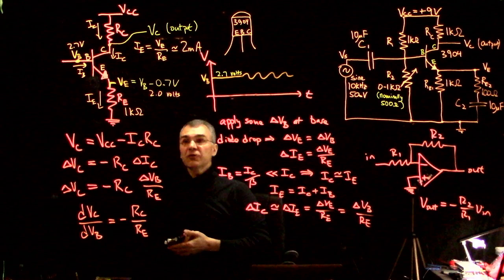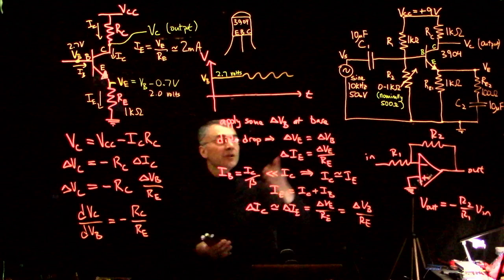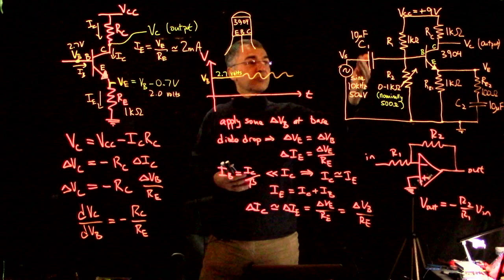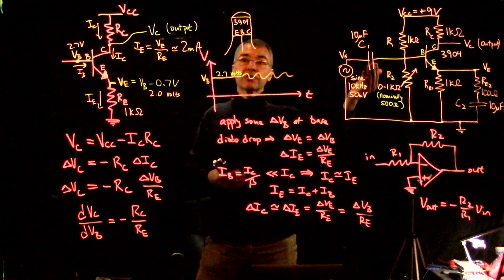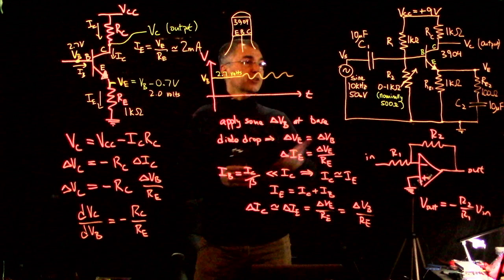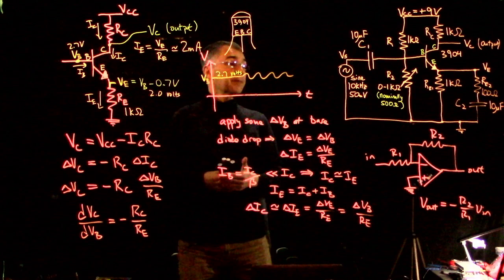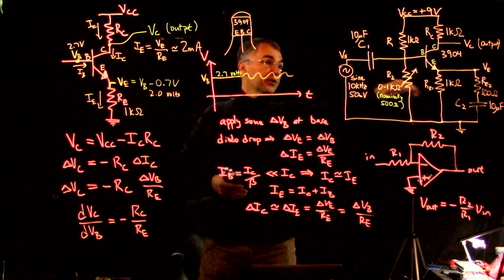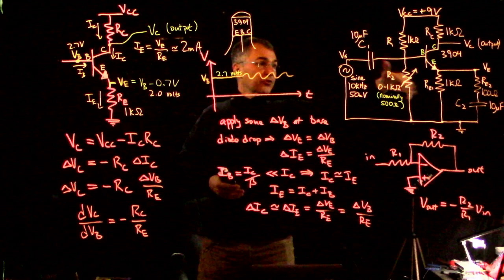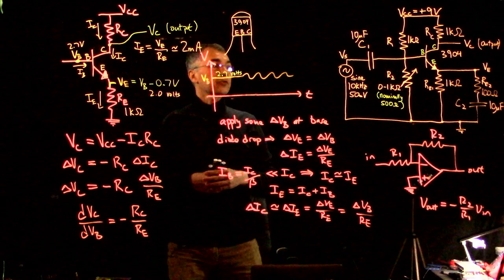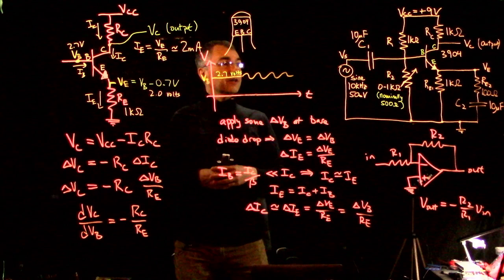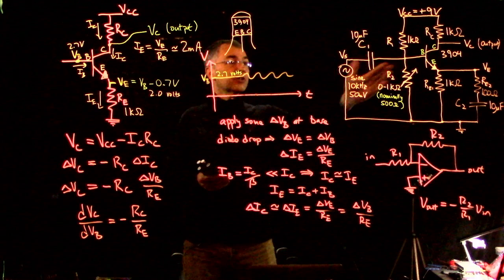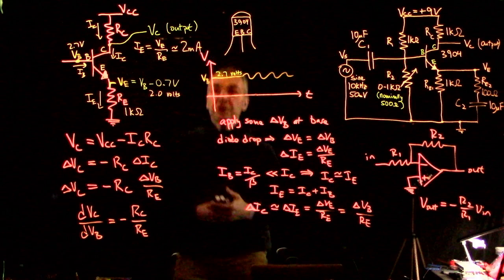So to arrange for that, we put this blocking capacitor, C1, in place. It looks like a short circuit to AC signals, and an open circuit to DC signals. You make this capacitor big enough that, together with some resistors down here, it's going to look like an RC high-pass filter. So you just want to make sure that the F3 dB of that high-pass filter is low enough that any signal you're interested in gets through unimpeded.